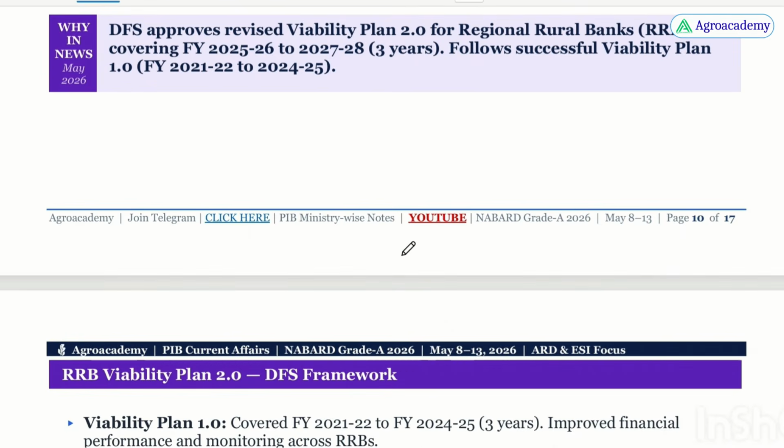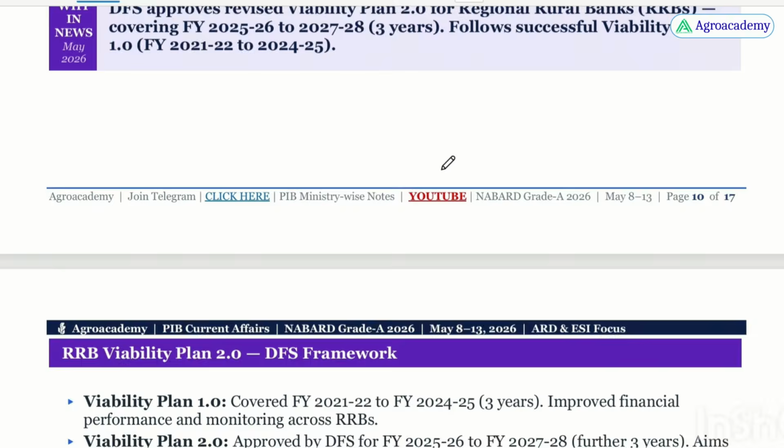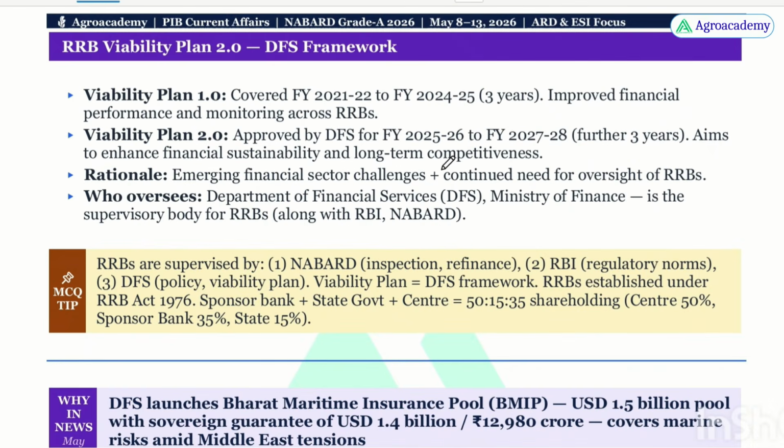Next comes the DFS, which approved a revised viability plan 2.0 for the regional rural banks. Viability plan 1 was for 3 years, from 2021-22 to 2024-25.